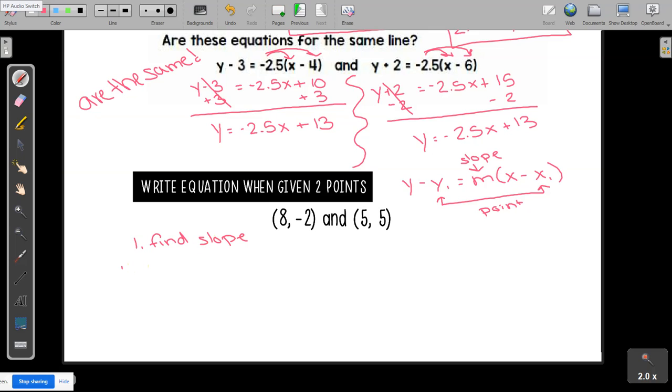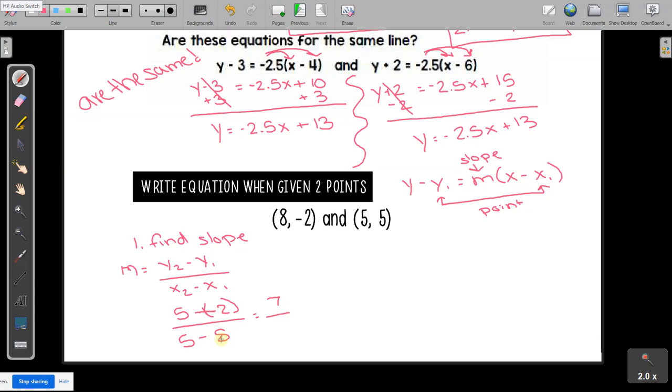So remember, we have our slope formula. m equals y2 minus y1 over x2 minus x1. So y2, 5, minus negative 2 over x2, which is 5, minus 8. 5 minus a negative is a positive. 5 plus 2 is 7.